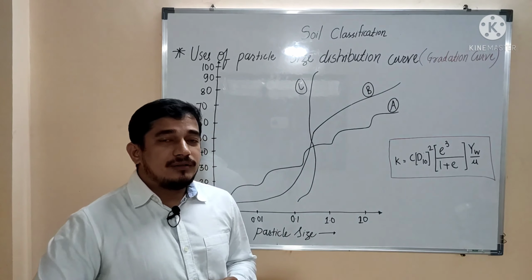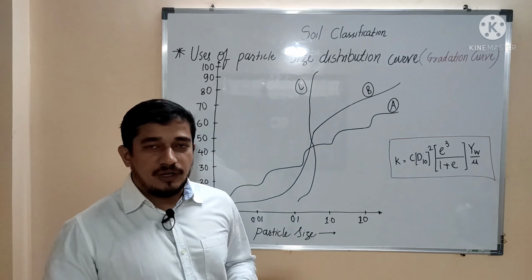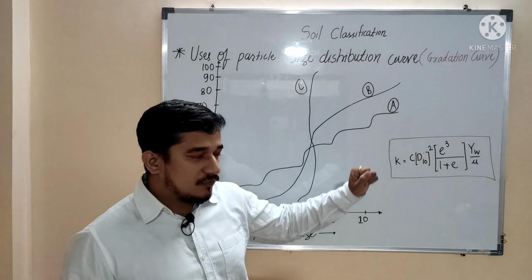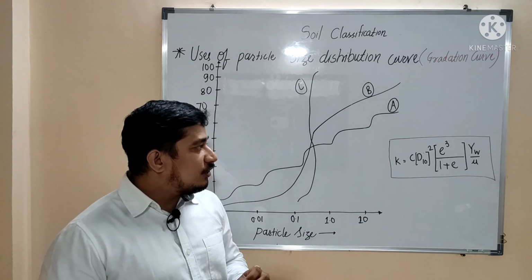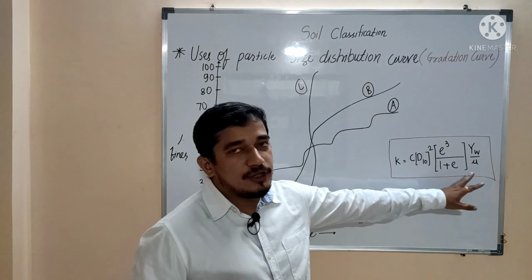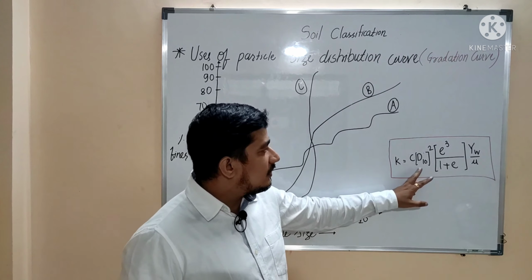The most important thing, that is nothing but the permeability of a soil, is also indicated by this particle size distribution curve. As we know, the coefficient of permeability, that is K, can be found out by this equation: C multiplied by D10 squared, in brackets e cubed divided by 1 plus e, multiplied by gamma w by mu. D10 is nothing but the particle size for which the percentage finer is 10%.